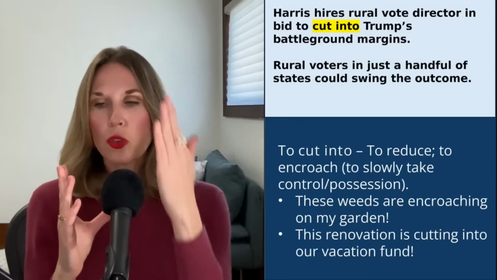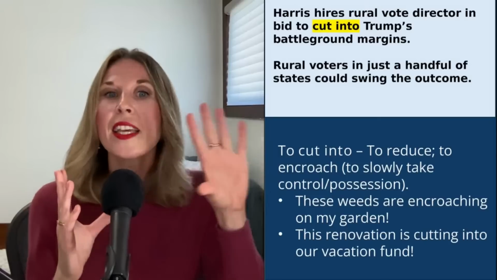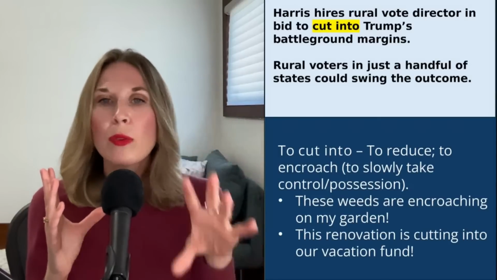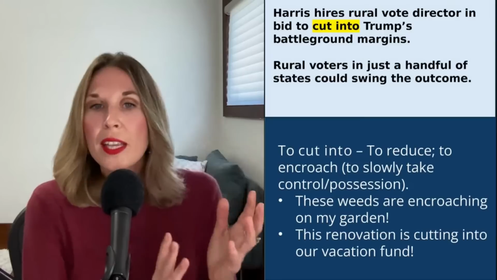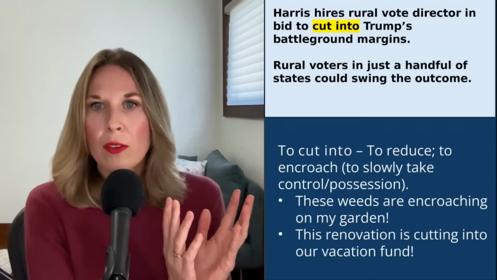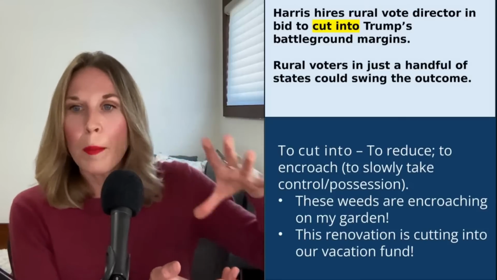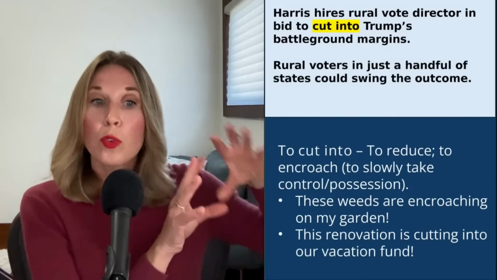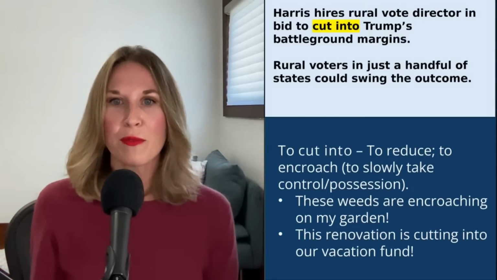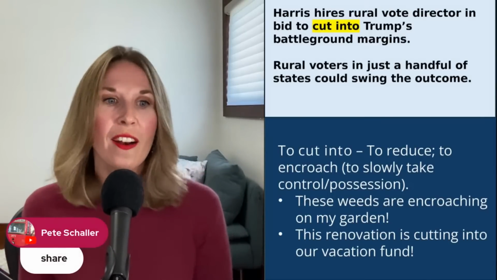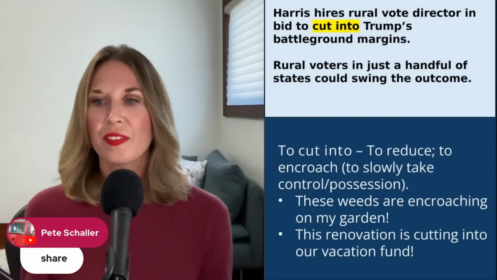If Trump controls 50% of the vote, that's his margin. So it's the amount that is given to Donald Trump, the percentage, the share, the amount. So Kamala wants to get some of that margin. She wants to reduce it, cut into it, so she has more for herself. Yeah, exactly. It's a share, a percentage, an allocation.